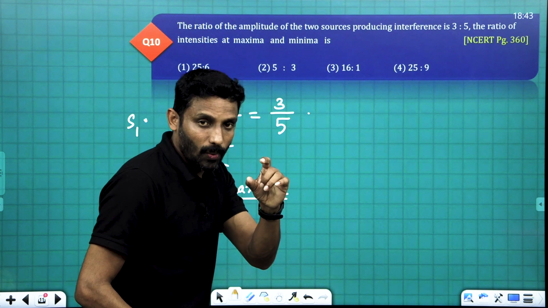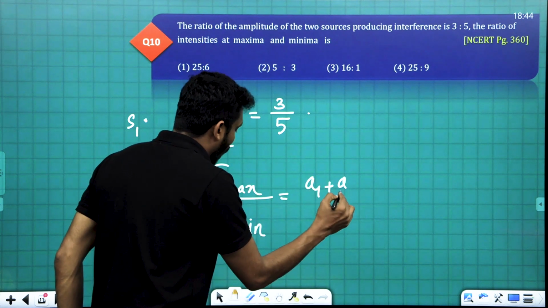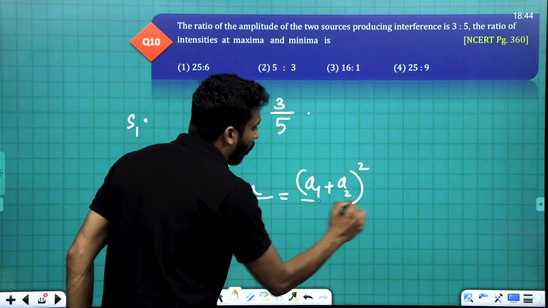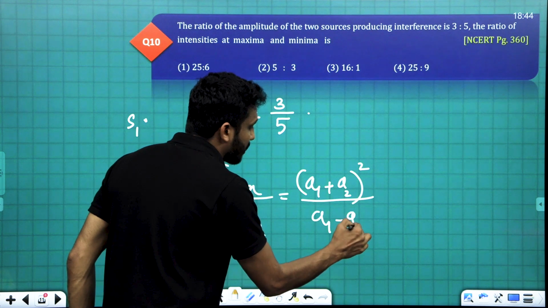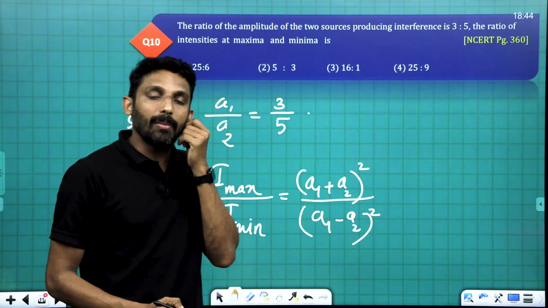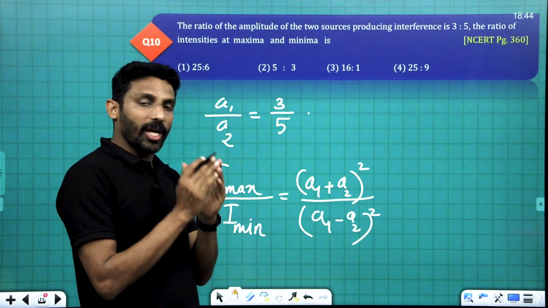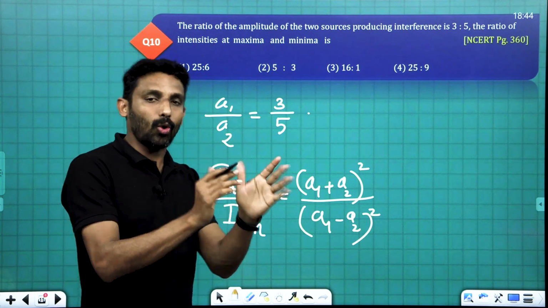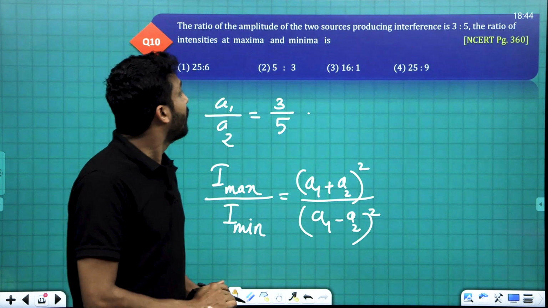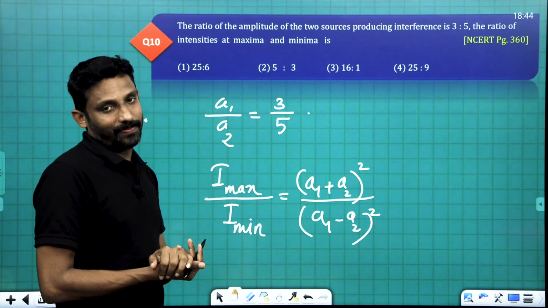We have to use the formula: I max divided by I minimum is A1 plus A2 whole square divided by A1 minus A2 whole square. I max is proportional to A1 plus A2 whole square, and I minimum is proportional to A1 minus A2 whole square.